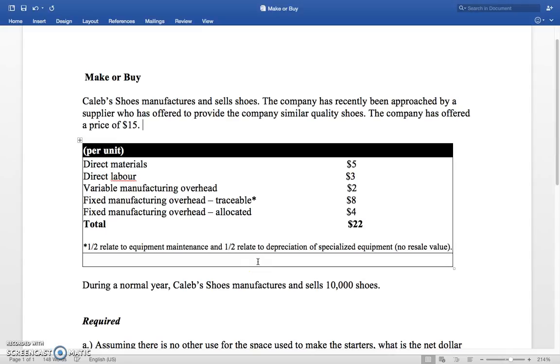Now remember, guys, in the first video I said that only relevant costs go into the decision-making mix, and you ignore any costs that are unavoidable, right? In this case, what do you think is an unavoidable cost, the half and half? What do you think is an unavoidable cost and we should totally ignore it? Well, it's depreciation of specialized equipment. Depreciation is something that you cannot run from, right, guys?